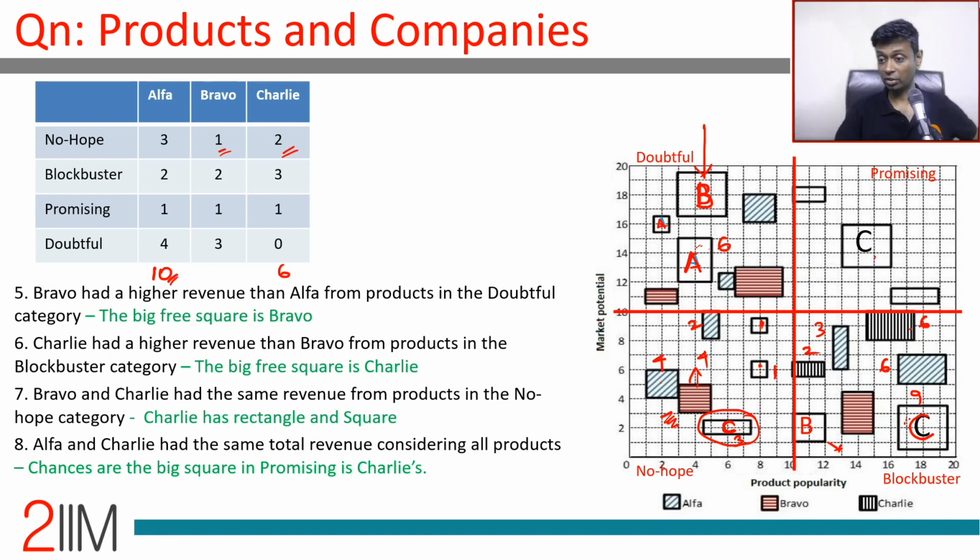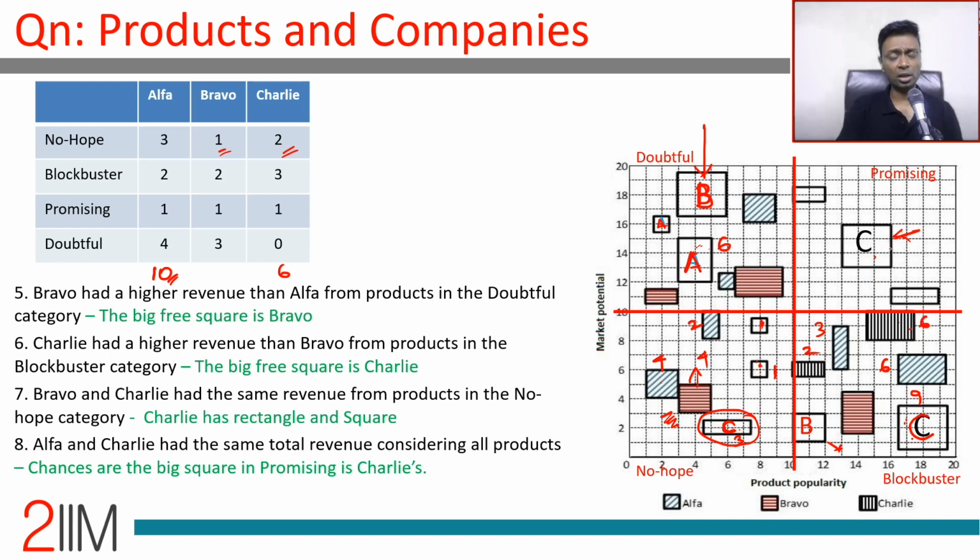If this 6 and this 6 got cancelled, after that Charlie has a bunch of small products. It would be impossible for Alpha revenues to be equal to Charlie revenues, or the big square in promising has to be Charlie. The chances are the big square has to be Charlie.